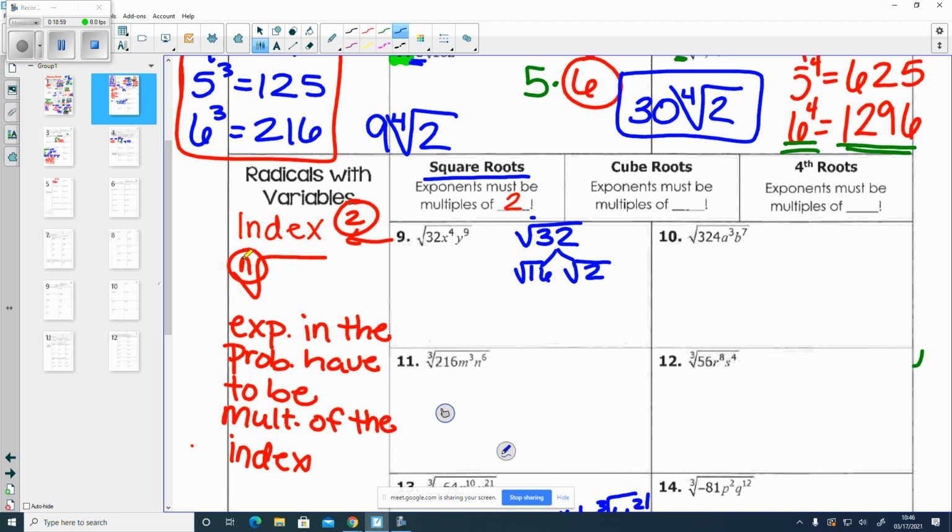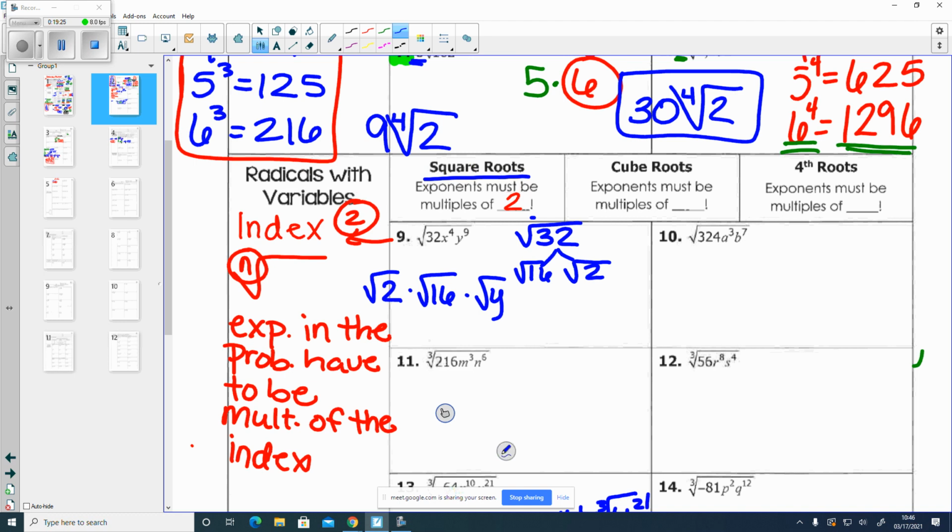So I'm splitting that already. And then we had just said that I need to take out a y. Okay? So we're going to have square root of 2, square root of 16, and then I'm going to take out a y.